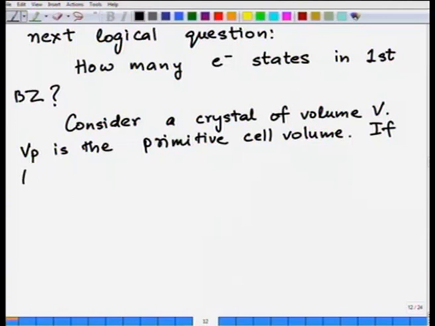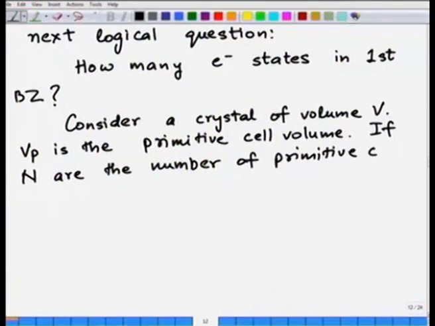If n is the number of primitive cells, then clearly V is equal to n times V p.